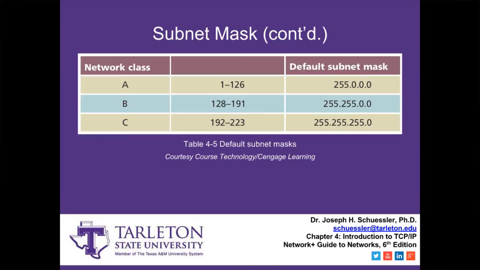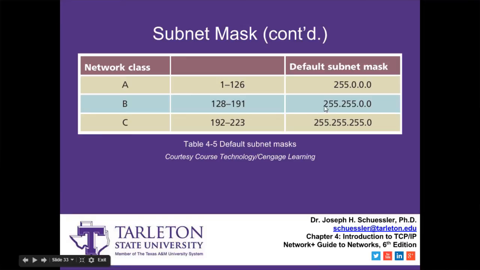So for a Class A network, remember your IP address is going to be 1 through 126. The default subnet mask is 255.0.0.0 for your subnet mask. Any of them that have the same default subnet mask are going to look for this very first octet to determine if you're on the same network segment.